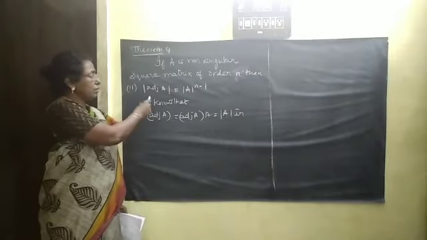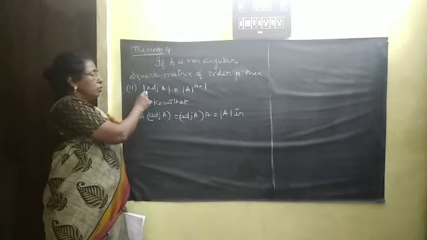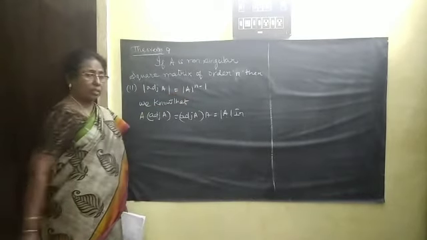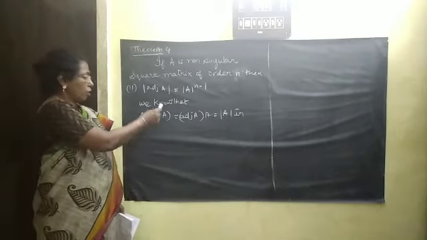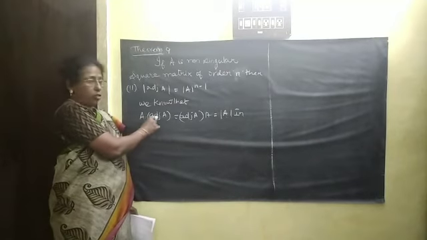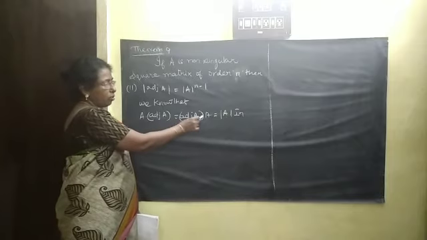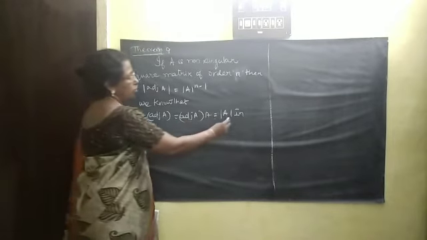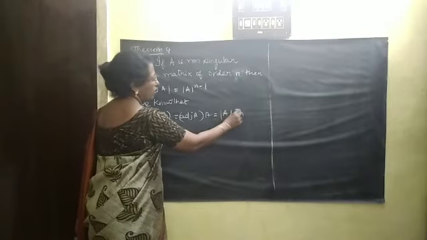The next property is determinant of adjugate of A is equal to determinant A the whole power n minus 1. We already know that A into adjugate of A is equal to adjugate of A into A is equal to determinant A into unit matrix of order n.